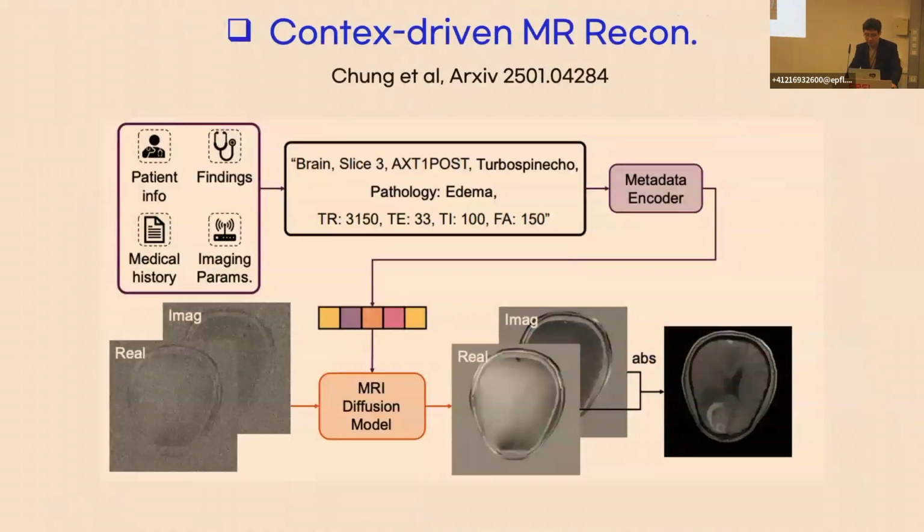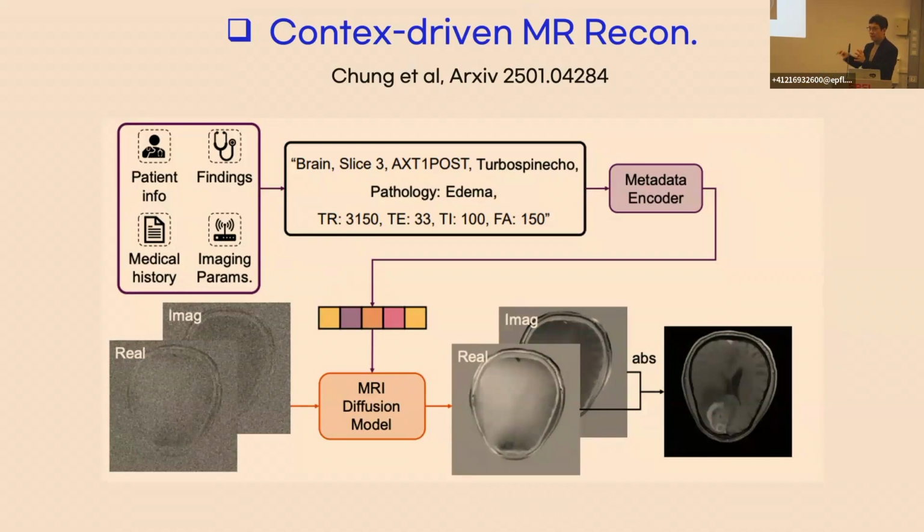Okay, another thing, last thing actually, we are currently utilizing these ideas for MRI reconstruction as well. Here, this is a recent arXiv preprint. This is what we call context-driven MRI reconstruction. Here, we are retraining the diffusion model, like stable diffusion, which is trained with natural data together with real text information.